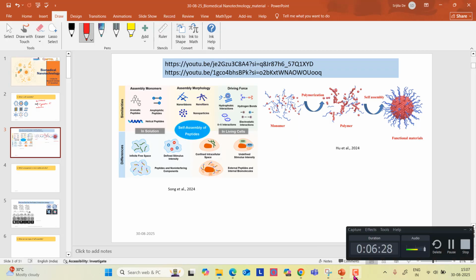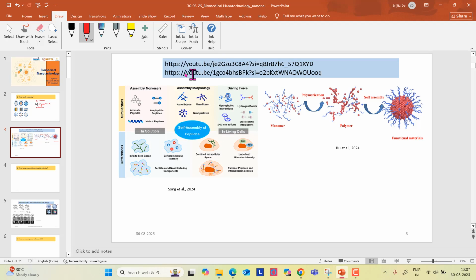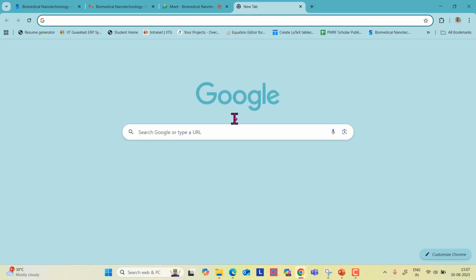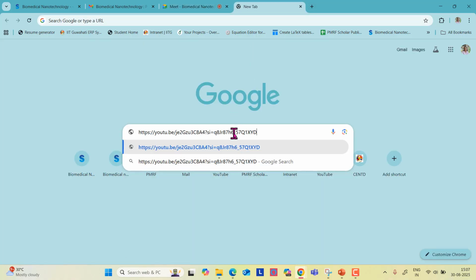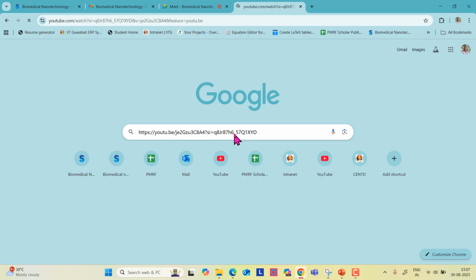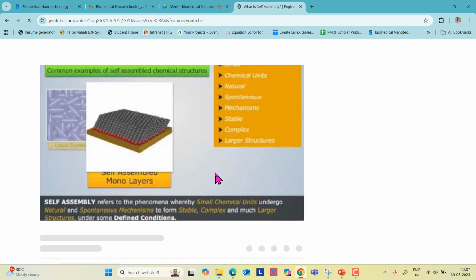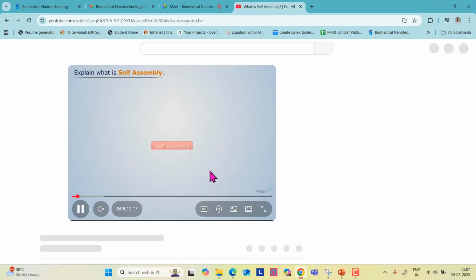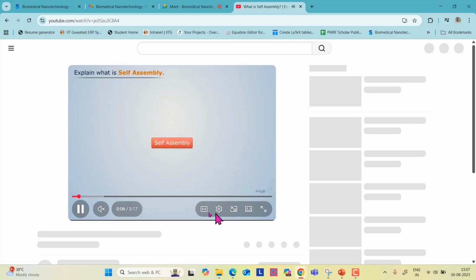Okay, so this is the self-assembly. I have given some videos attached, you can see there also, but I am showing one. Explain what is self-assembly.